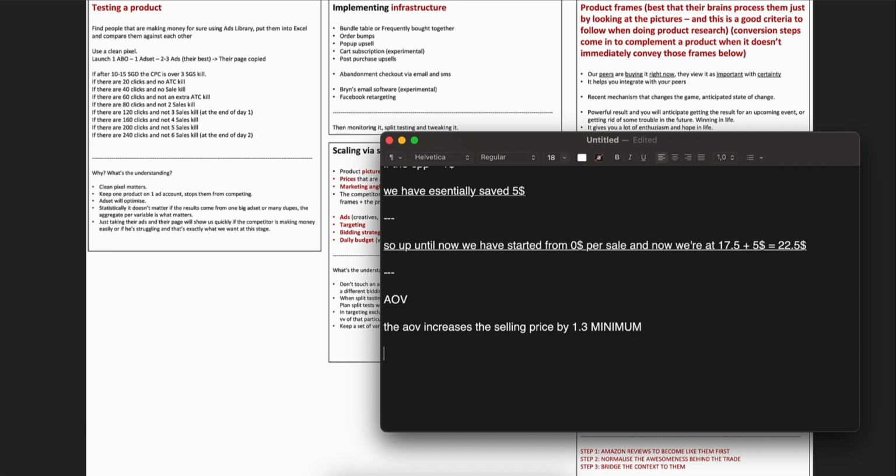So now we move from a situation, so the original situation was selling price is equal to COGS plus CPP, okay? Right, and now after implementing the AOV, we have an additional 0.3 multiplied by selling price minus the additional COGS that are involved in the AOV, right?